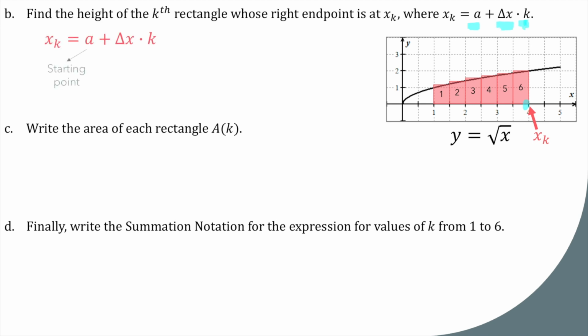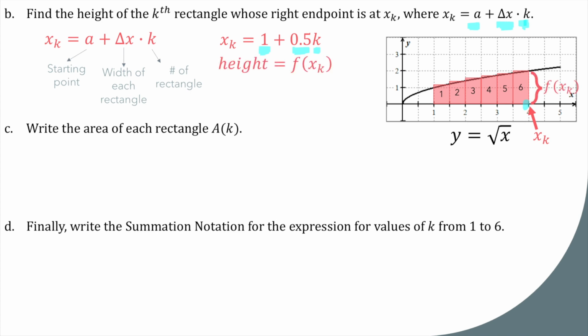Okay, so starting point, width of each rectangle, and whichever rectangle we're on. So for our function here, we started at 1. Each rectangle is 0.5 wide, and then k would tell us whichever rectangle we're on.